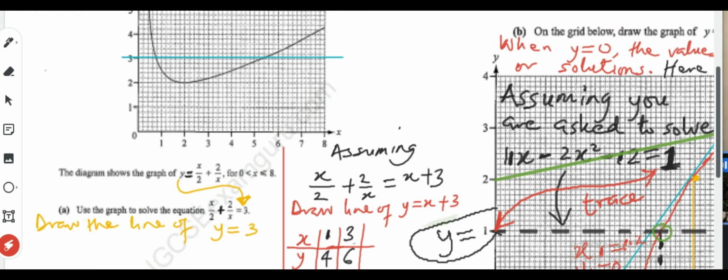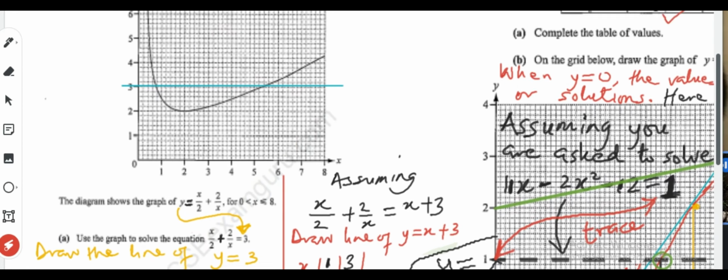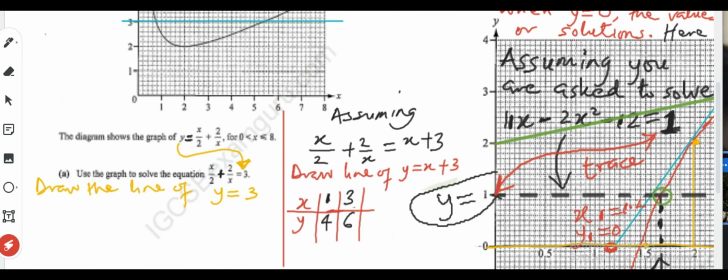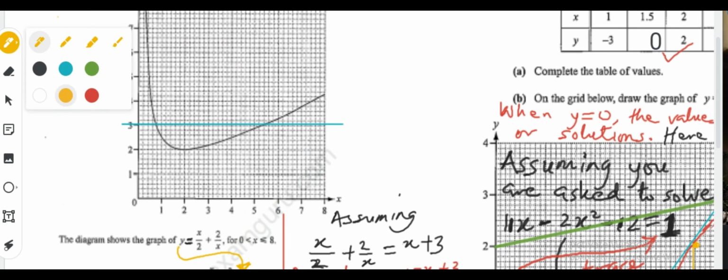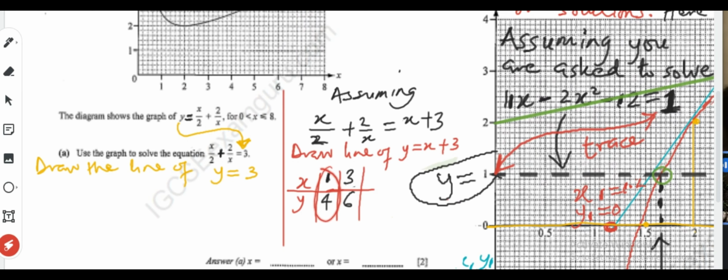I just want us to practice it before. When x is 1, y is 4. Where is it? We would have plotted somewhere here. Even though that's not what we're asked to do, let's just practice it, because we are going to encounter this question very soon.